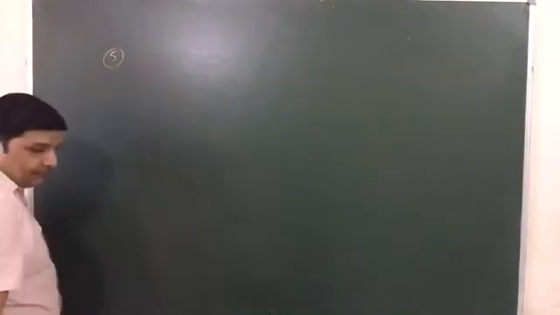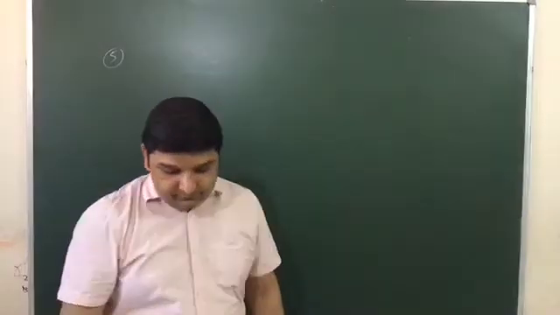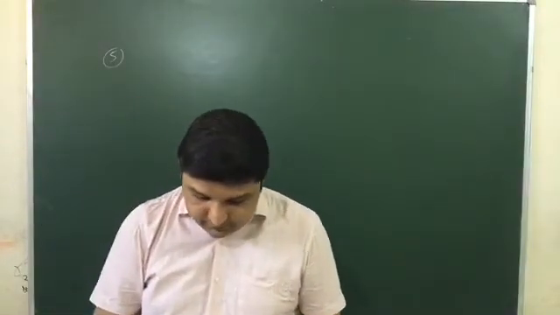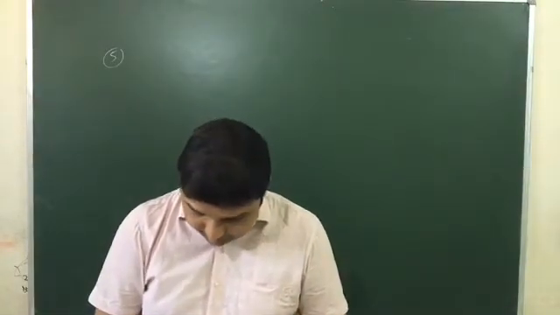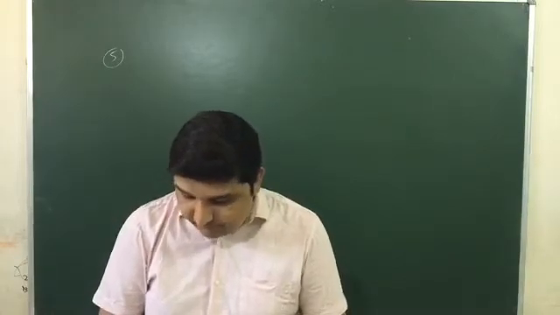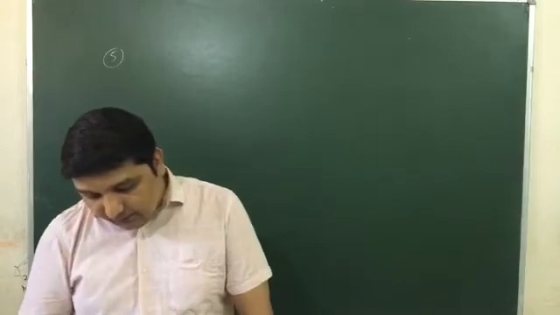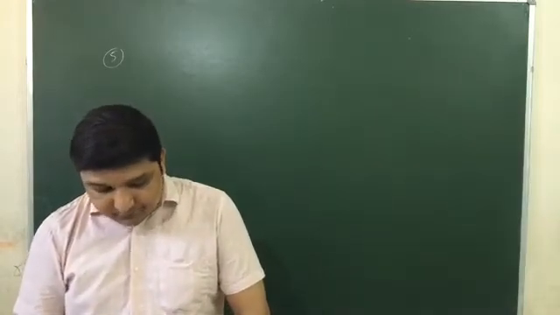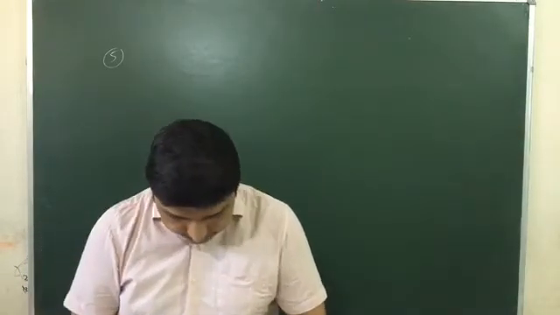Now, next question, question number 5. A stone tied to the end of a string 80 centimeter long is whirled in a horizontal circle with a constant speed.